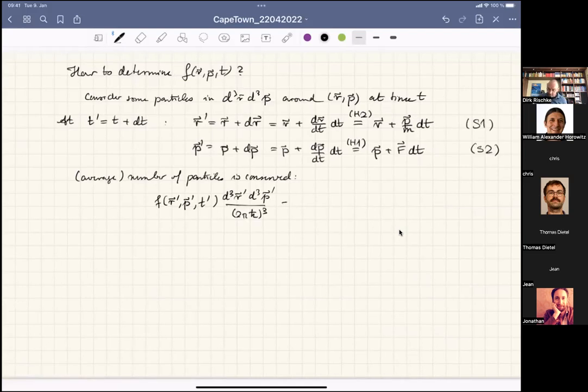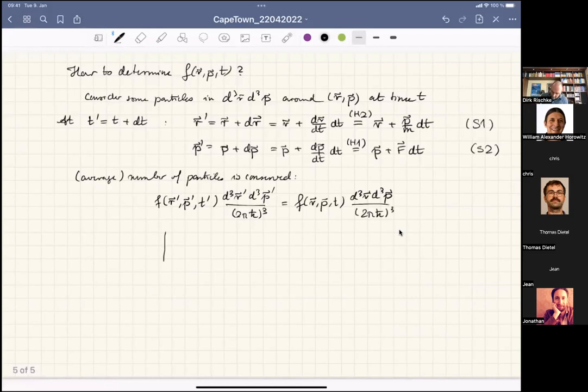That is simply the number of particles at the previous position, with previous value of momentum, in the previous phase space volume d3r, d3p. So this is a consequence of that. You just transport particles from one phase space point to another.